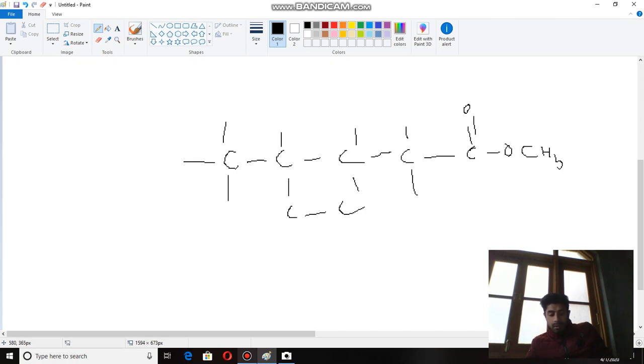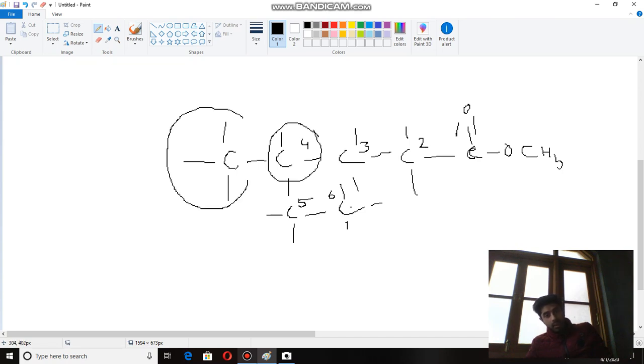Now let's take this, our number 1, 2, 3, 4. We cannot go here as 5 because this is our longest chain. This is 5 and this is 6. Now at number 4 we have this as a branch. This group is methyl group.